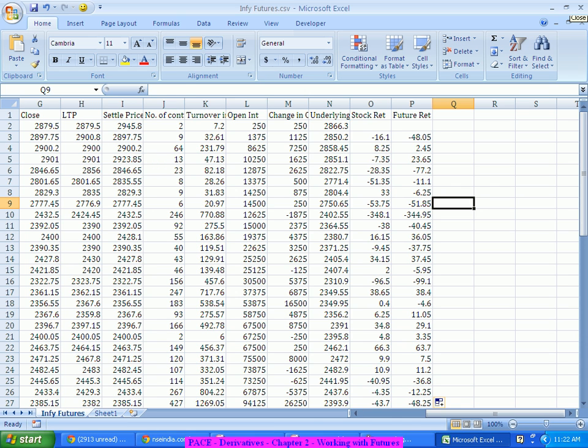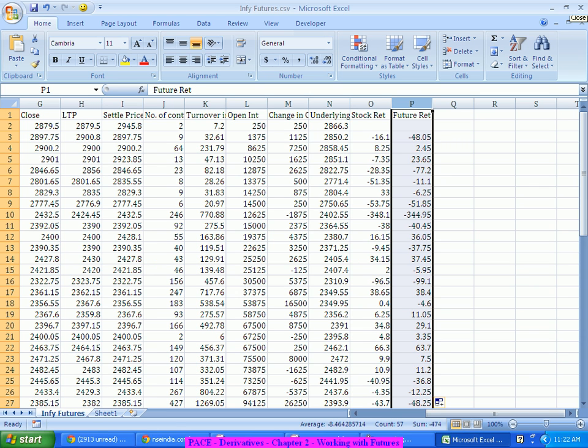So I am trying to find out the stock return. I want to see whether the Infosys futures can reduce my risk drastically or not. It means that if I already hold one Infosys share, can I sell the Infosys futures so that my loss is almost mitigated?